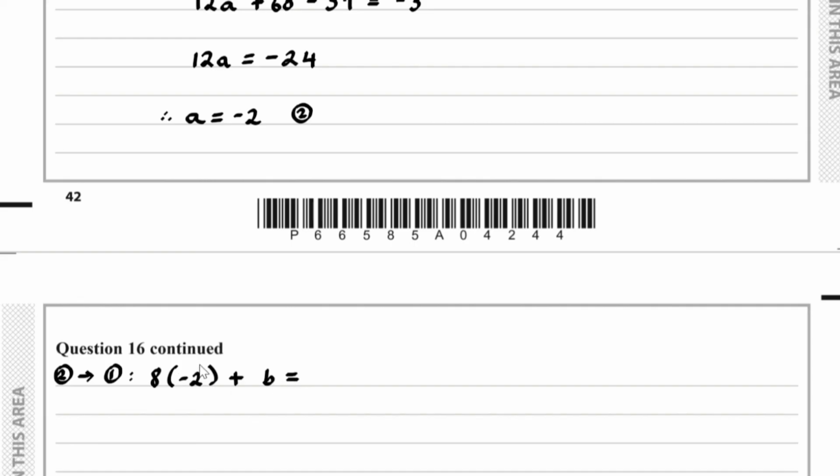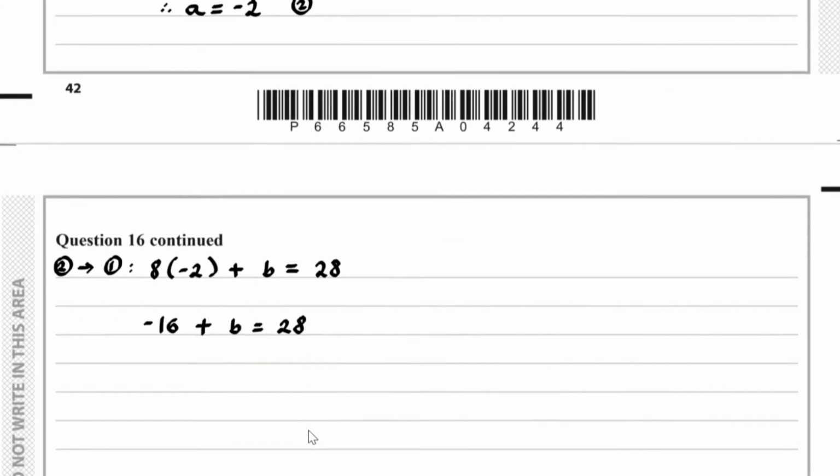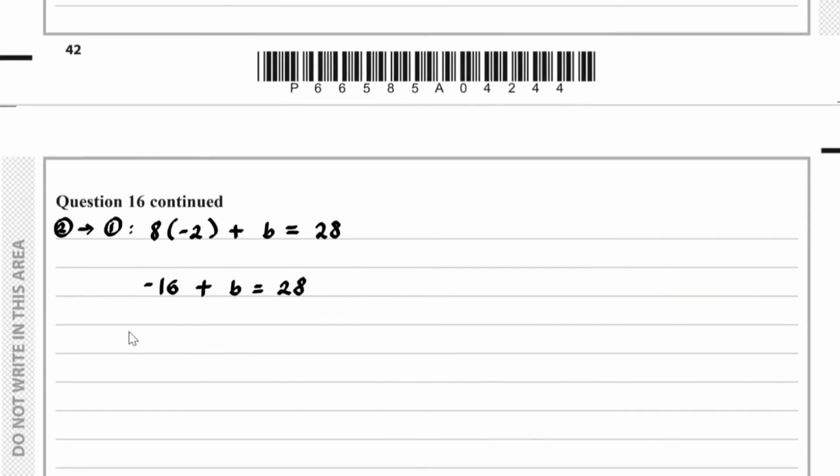This is equal to 28. So we've got minus 16 plus b equals 28. And therefore, b is equal to 44.